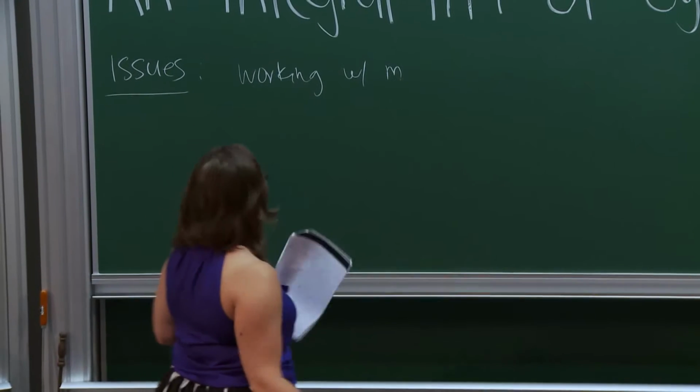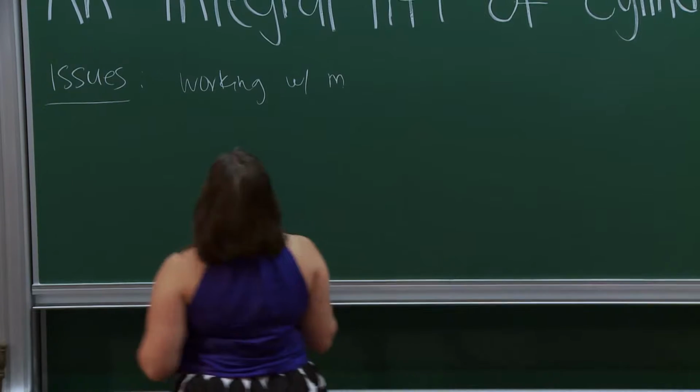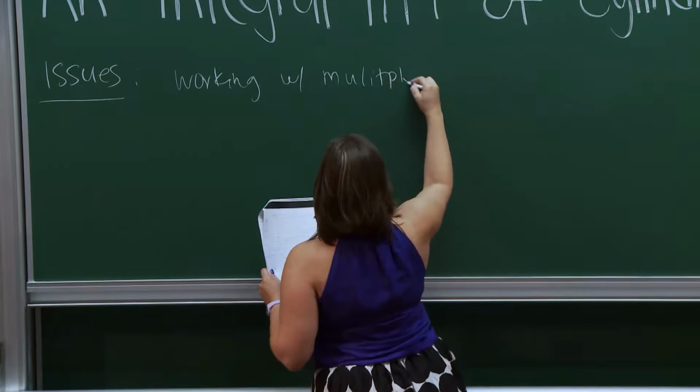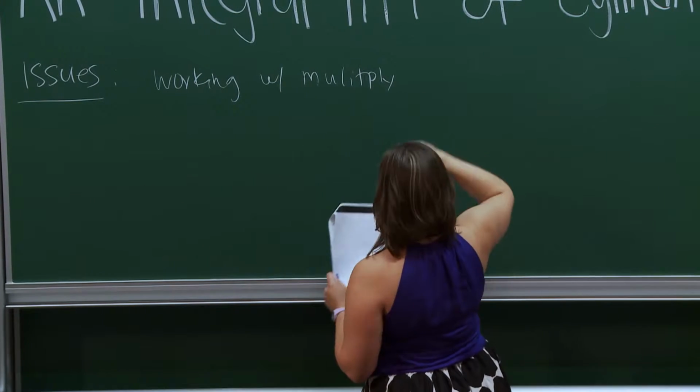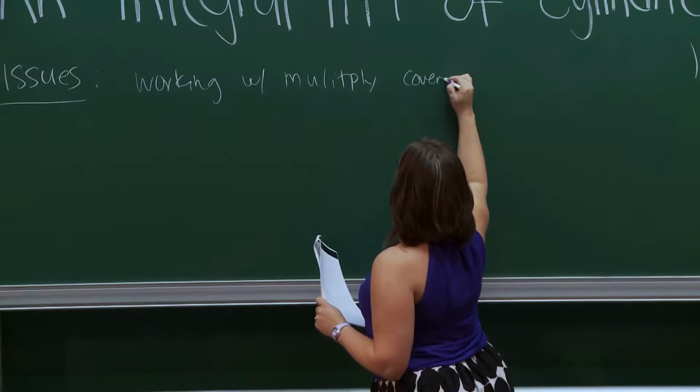Okay, so why is this theory possibly not so correct? The first issue is that we're working with multiply covered curves, and Chris spent many lectures telling us, as well as Dusa and others, about the horrors of multiply covered curves.